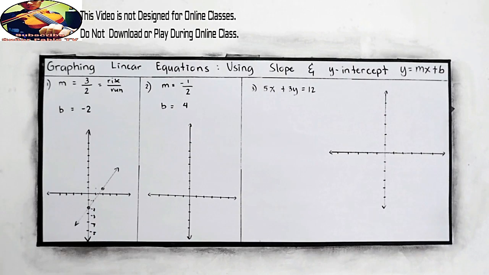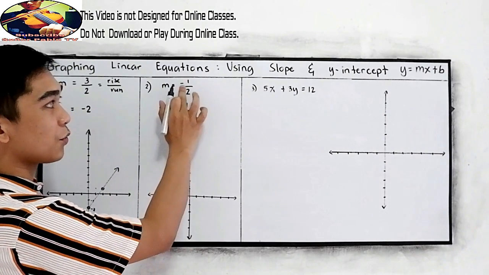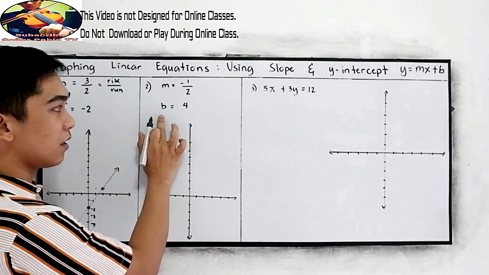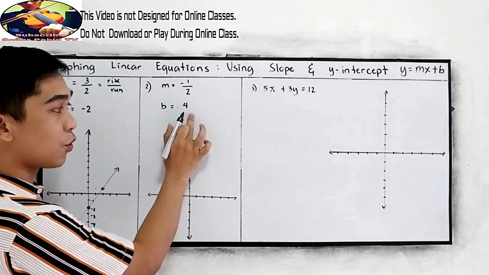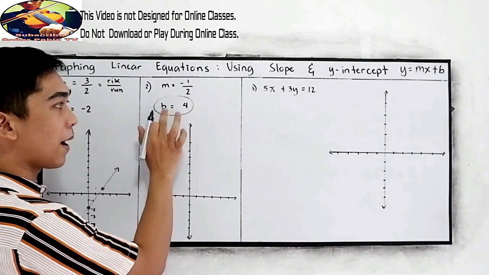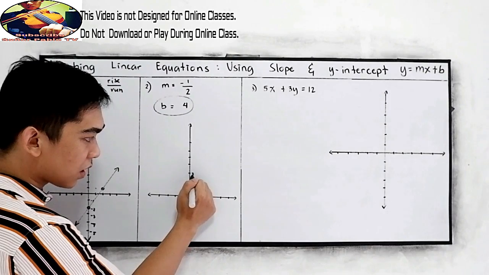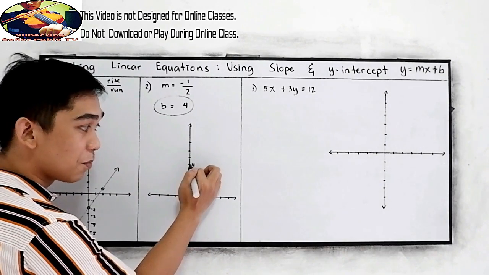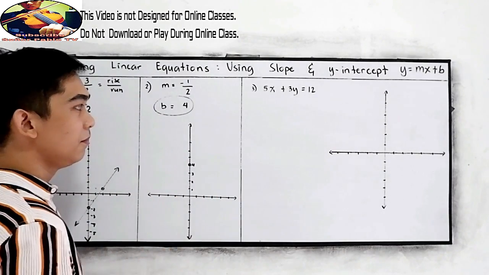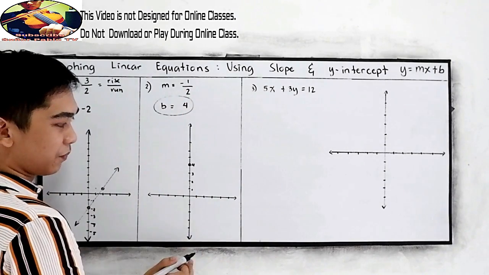Let's try number 2. M, or the slope, is equal to negative 1/2, and B, the y-intercept, is equal to 4. Locate our y-intercept, positive 4, so positive 1, 2, 3, 4. That would be our first point. Now, 1 over 2.